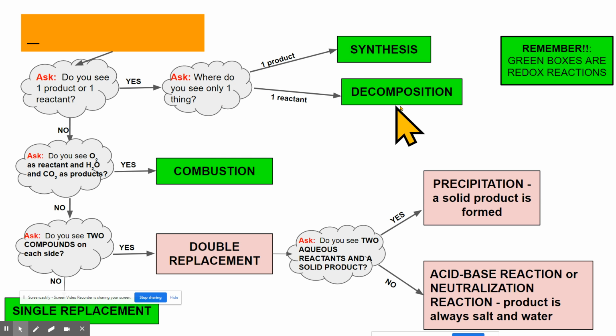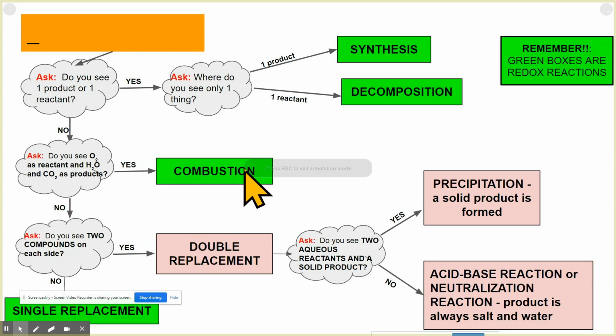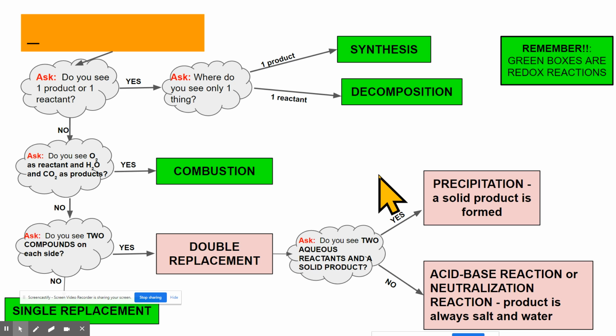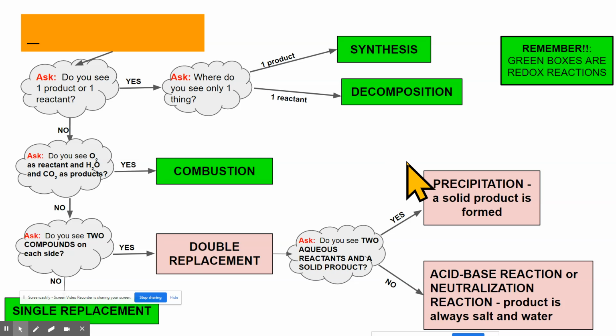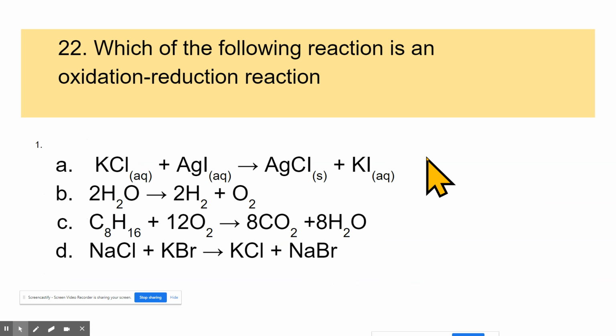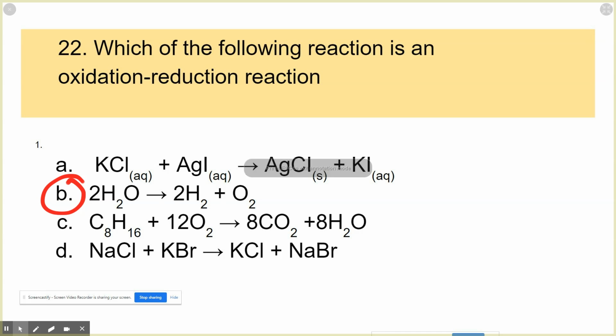Let's check. Decomposition is green, so redox, combustion, redox. So again, decomposition and combustion are redox reactions right there. Good. So the answer here is letter B and letter C. Very good.